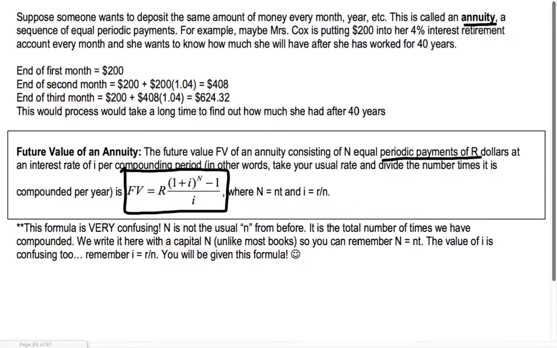And I is going to be the interest rate per compounding period. So that's weird. I is R divided by N. It's our normal interest rate divided by the number of times you're compounding. So when you say per compounding period, it's like per month, per day, per week, whatever. And then N, capital N, is N times T. Remember how we had NT as our power before?